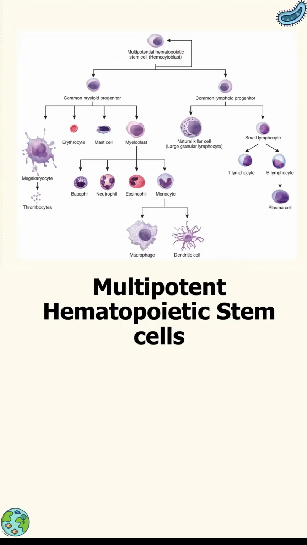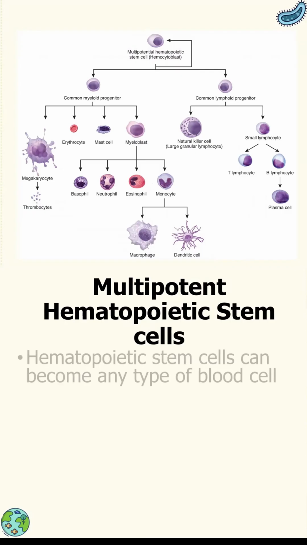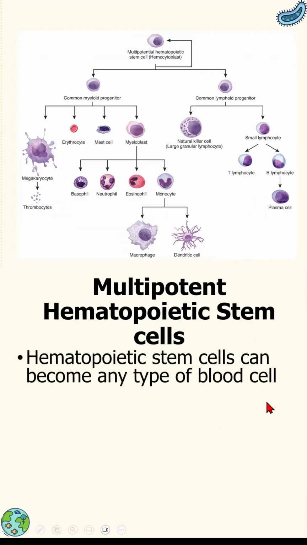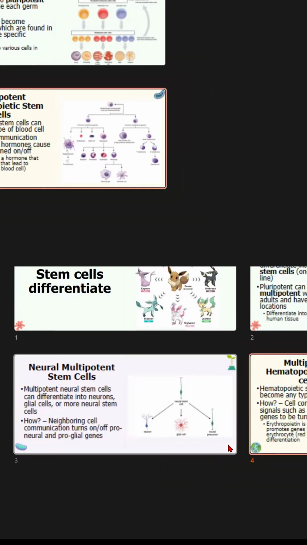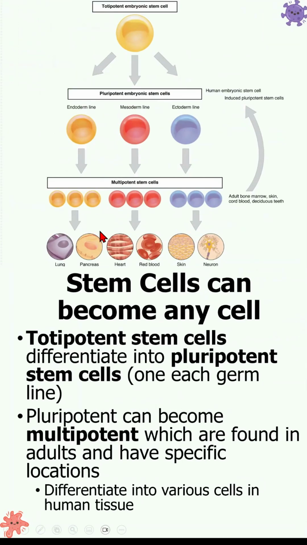Another example that I want to talk about for stem cells is the multipotent hematopoietic stem cells. That is also a very long name. And so these are going to become the cells of your blood. And so going back one more time here, if we're talking about cells that are going to end up in your blood, then they must have gone through the mesoderm route.